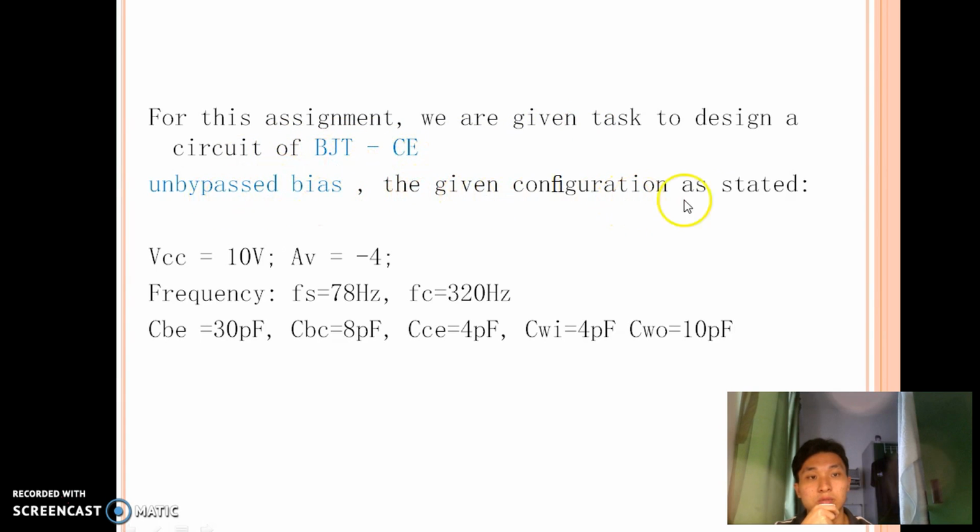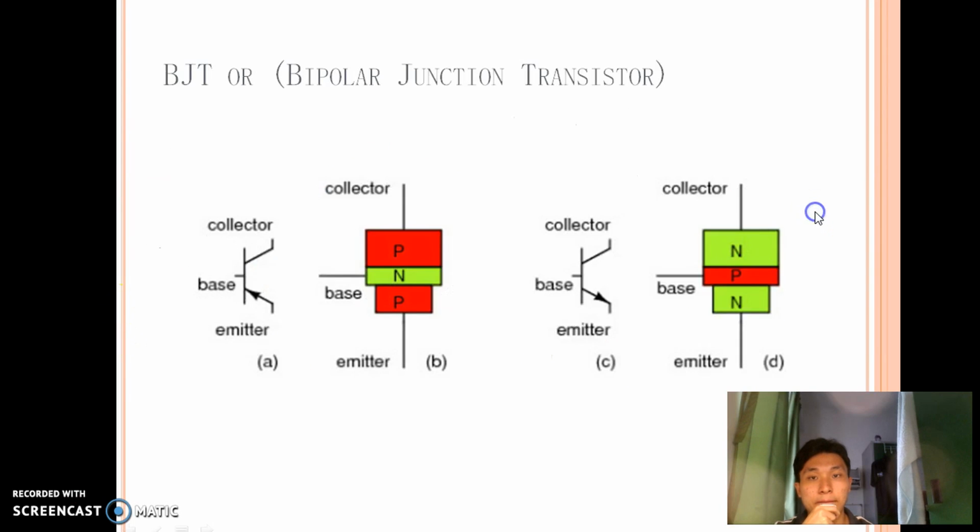So this is the given configuration from the task. First of all, what is a BJT, or bipolar junction transistor? A BJT is used mainly for two functions: switching and amplifying signals. It is manufactured in two types, NPN and PNP. There are three leads on the bipolar transistor: emitter, base, and collector.